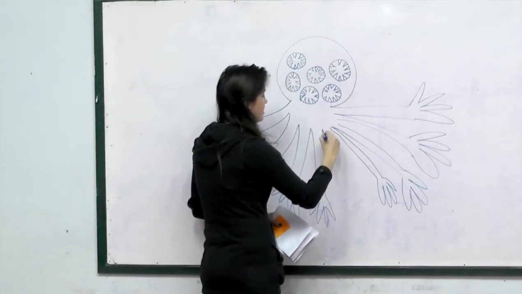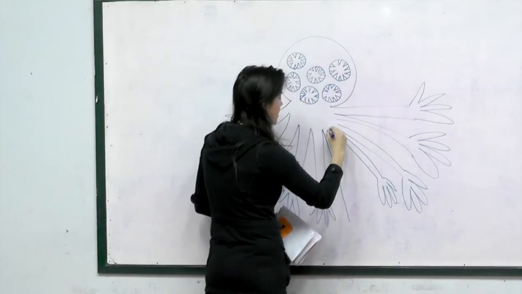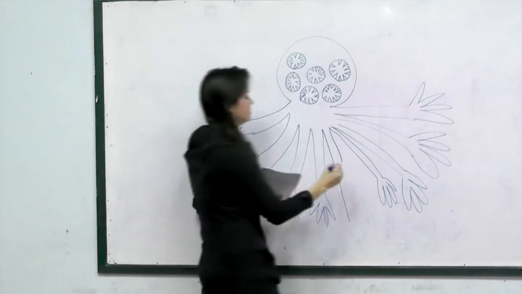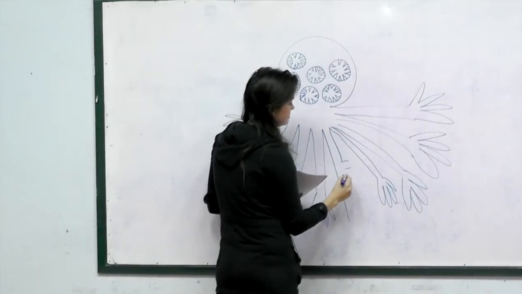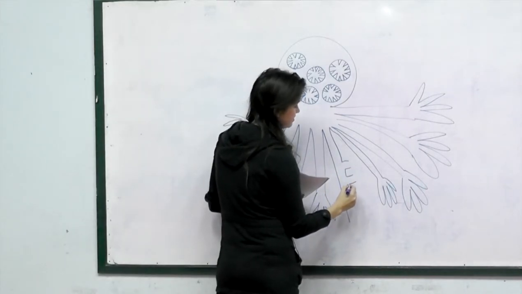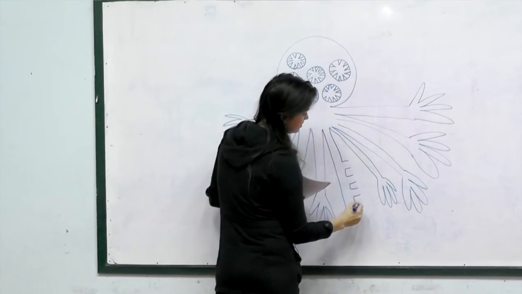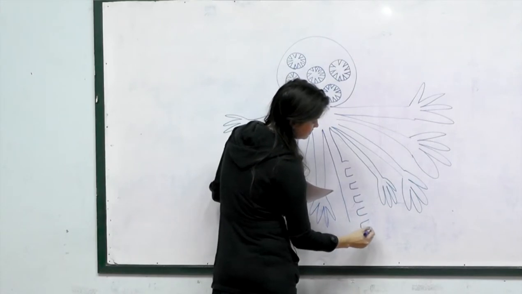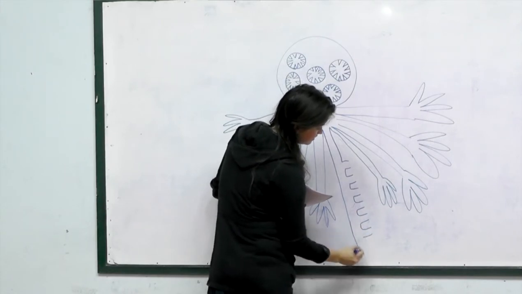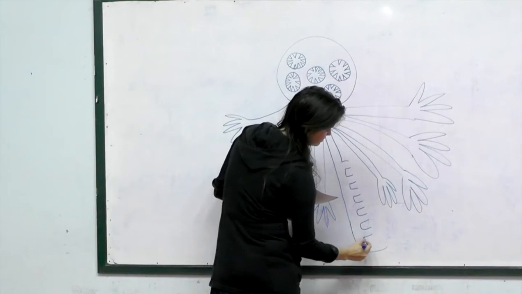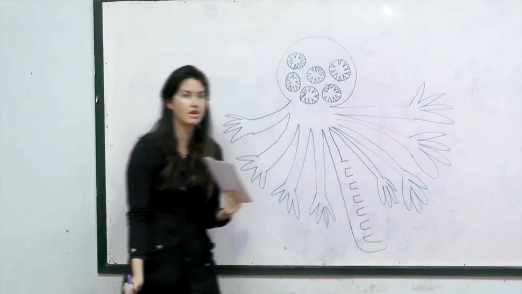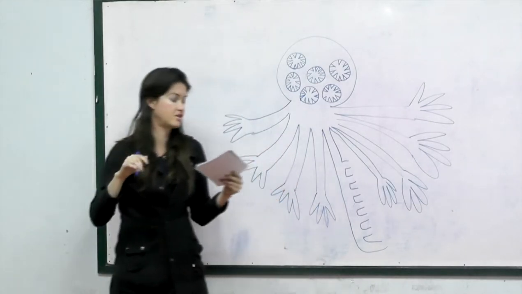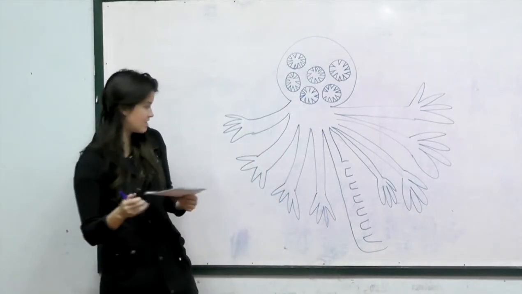So we're going to give him just one big long leg with 7 feet on it. So here's a foot. Here's a foot. 3, 4, 5, 6. Okay, how many toes did he have altogether? 21 toes.